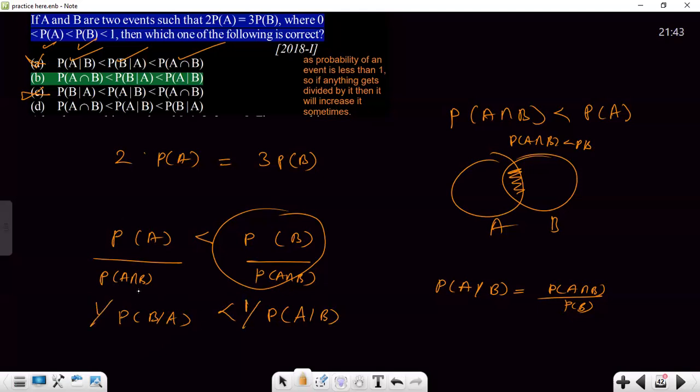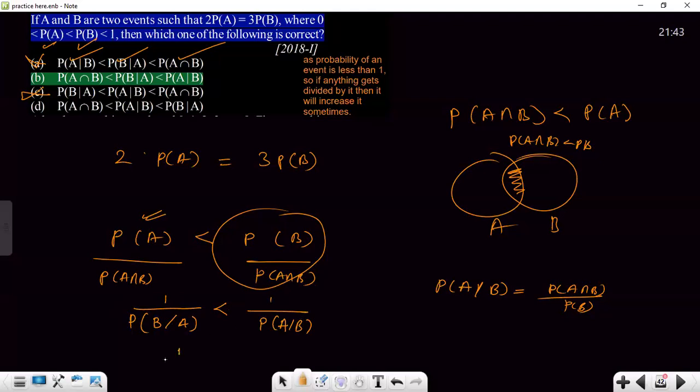Now we'll cross multiply. Let me write it properly. This is the formula of the probability of event B when A has happened, and that too inverted, which is less than the inverse formula of the probability of event A when B has happened.